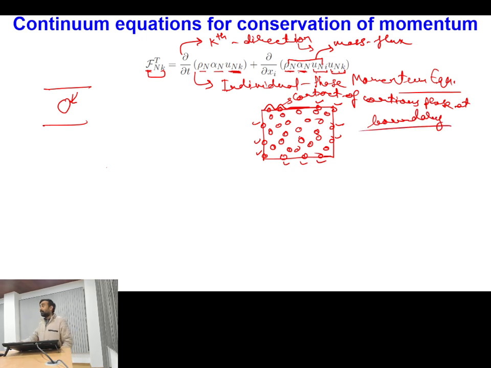Is this point clear? Because without this assumption, for each and every part of the boundary you would need to know what fraction is covered by the dispersed phase and what fraction is covered by the continuous phase, and calculating that fraction is very, very challenging.